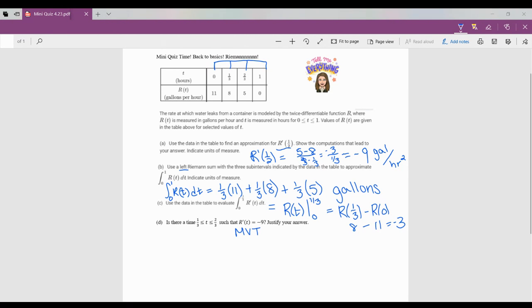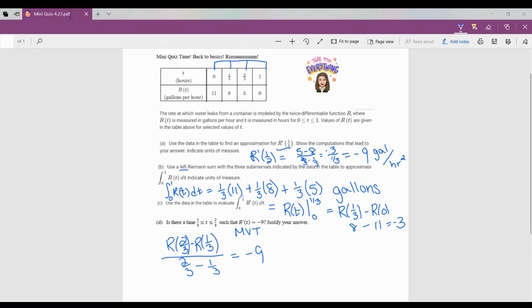So in order to prove the MVT, we have to show that the slope connecting the two endpoints is going to equal -9. So R of 2/3 minus R of 1/3 all over 2/3 minus 1/3 has to equal -9.